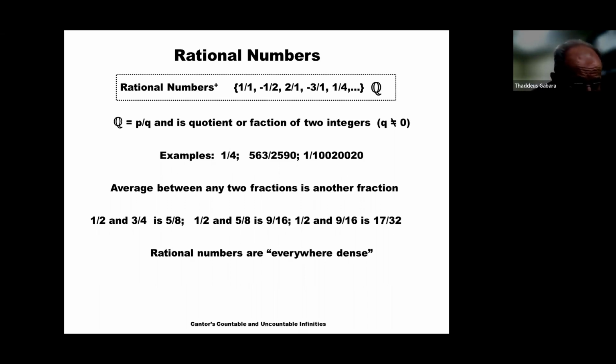Then we take one of those halves, figure out the average, and it'll be 1/4. We can keep on doing this forever. Rational numbers between 0 and 1 are everywhere dense. You can always find a smaller rational number. Surely this can't be countable.